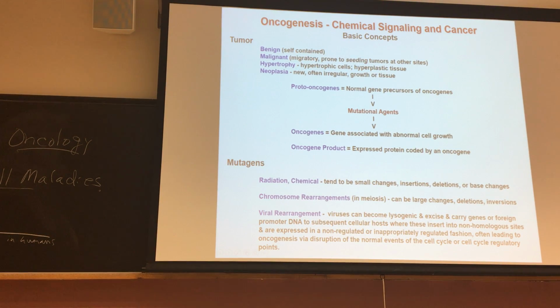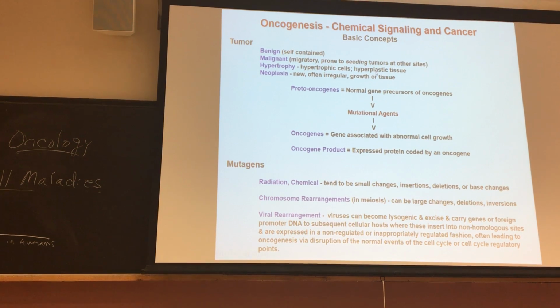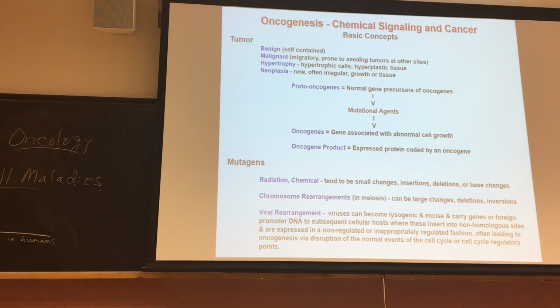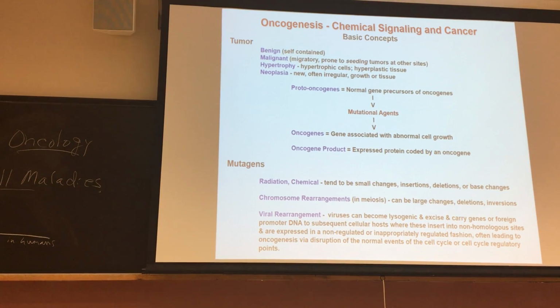You also can get an enlargement, particularly of a tissue, by having a hyperplastic tissue. Hyperplasia is overproduction of cells. And if you've got that kind of a condition, a lot of the cells tend to be smaller than normal.